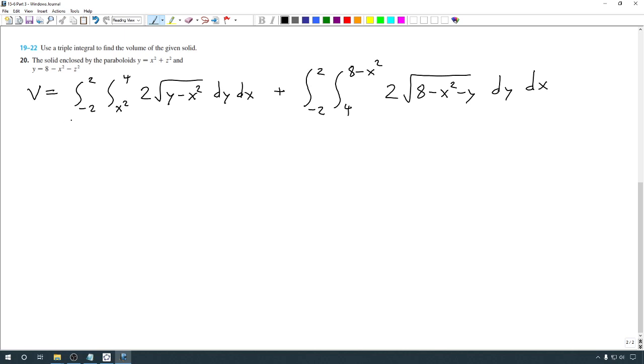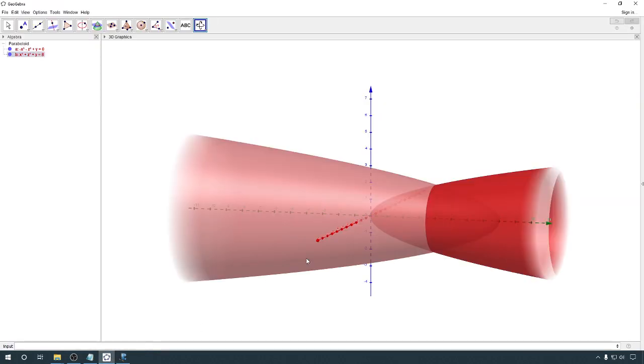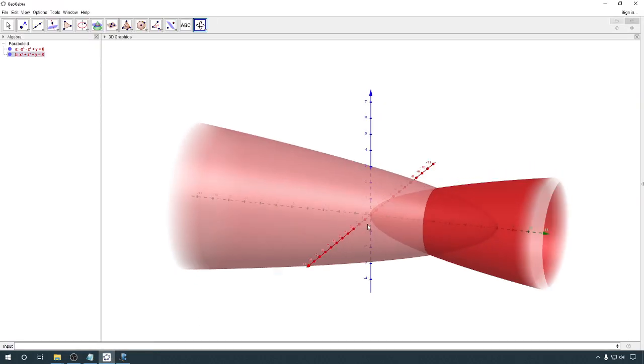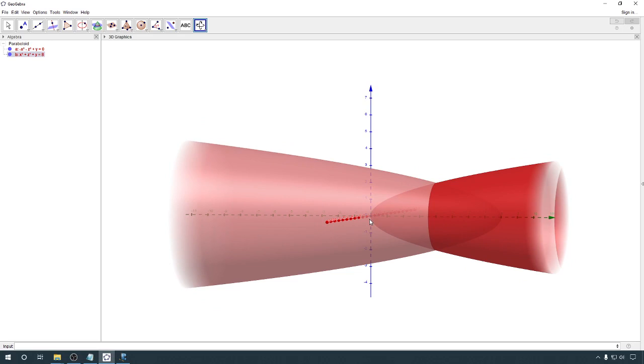Instead, let's think of this as a triple integral of 1, where we treat this thing as a type 3 region. Type 3 specifically because this is bounded by 2 surfaces, both of them y equals a function of x and z, and that's what a type 3 region is.